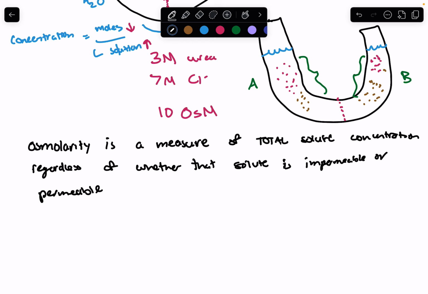Sorry for the mouthful there, but this sentence is really important when it comes to understanding what differentiates osmolarity and tonicity. So osmolarity is telling us about the total solute concentration, right?